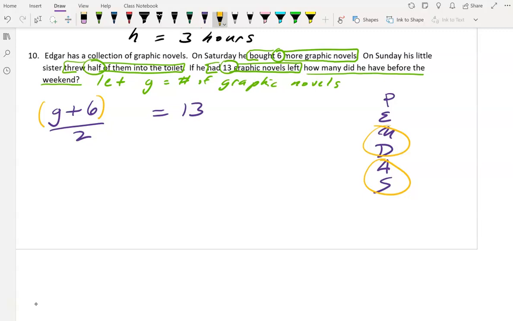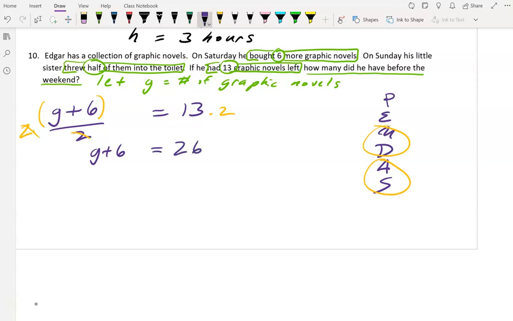So that means we have to undo the division of 2 first. So we're going to undo the division. That means we're going to multiply everything by 2. When we do that, these 2's just cancel each other out, and so they're just gone. And then the G plus 6 comes down, and 13 times 2 is 26.